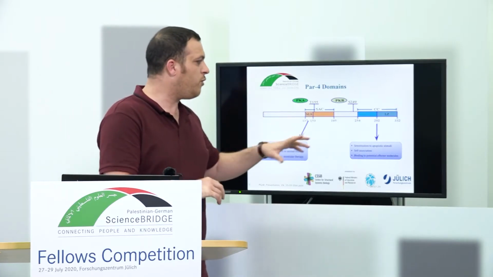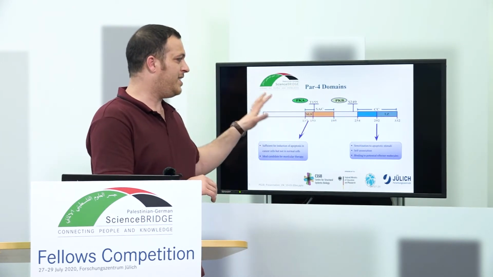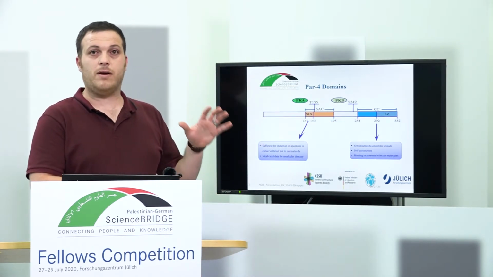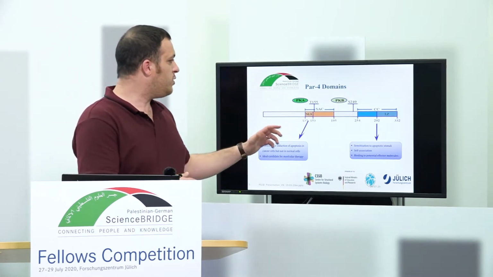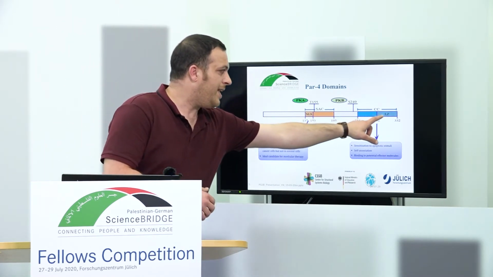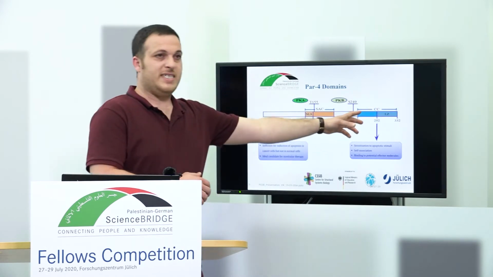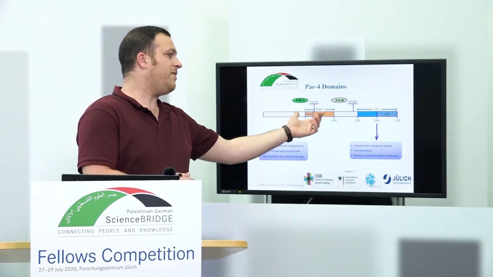Par-4 domains. Par-4 has several domains that are conserved among human, mouse and rat. At the C terminal, we have the CC domain, and at the N terminal we have the SAC domain.